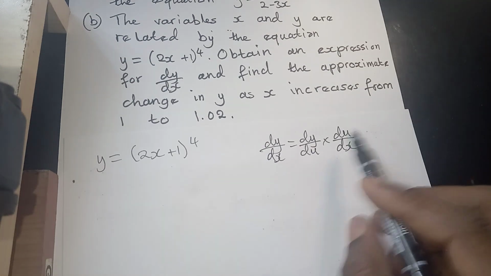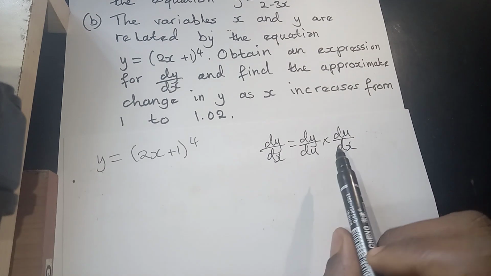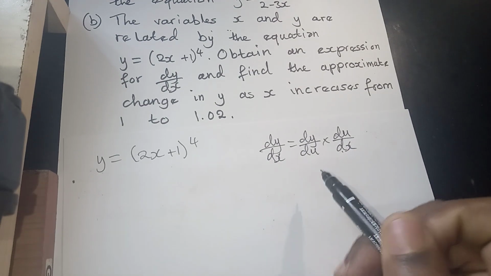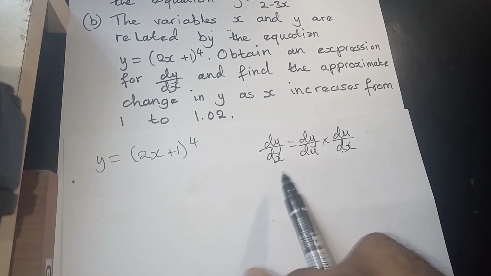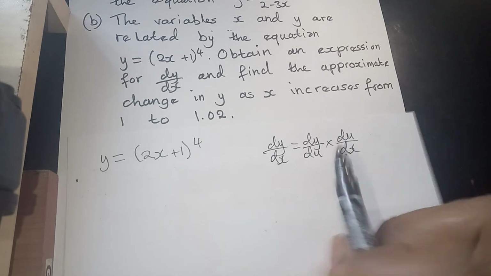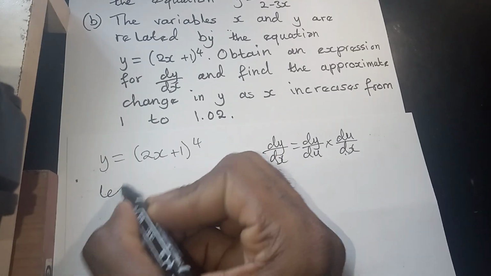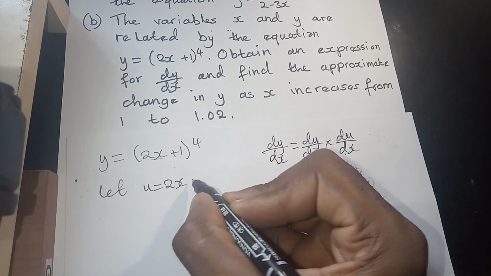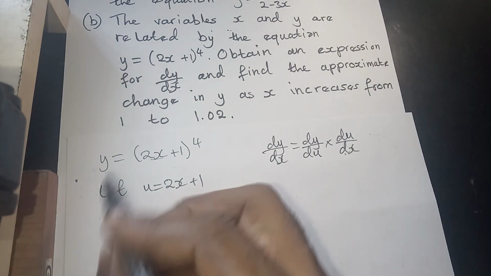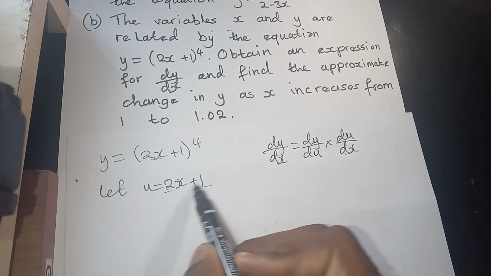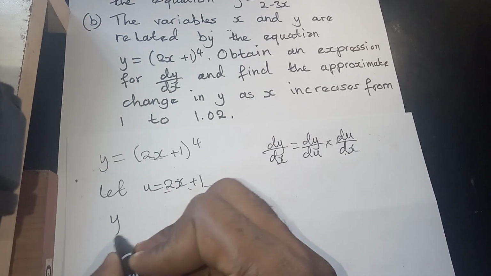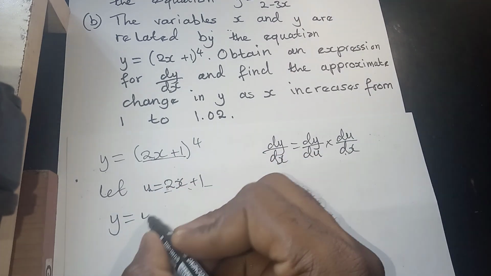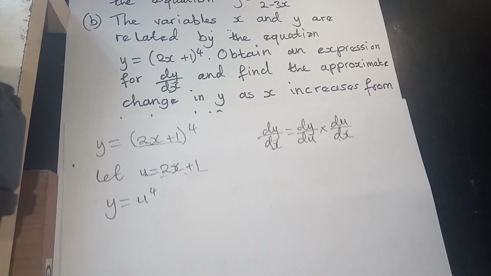And by the way, it doesn't matter what order you take. If you want, you can start with du/dx multiplied by dy/du, since multiplication is commutative. So you can let u be 2x plus 1, and then y will simply be u to the power 4.